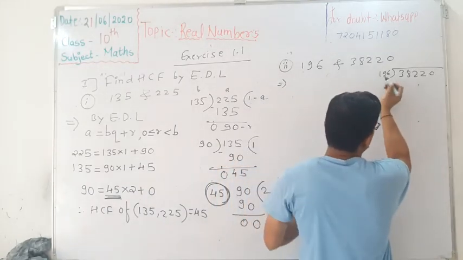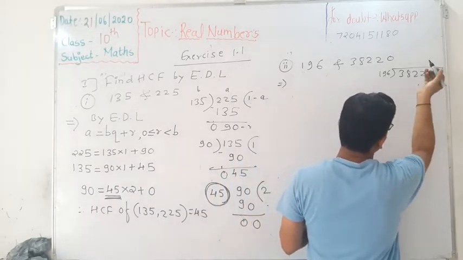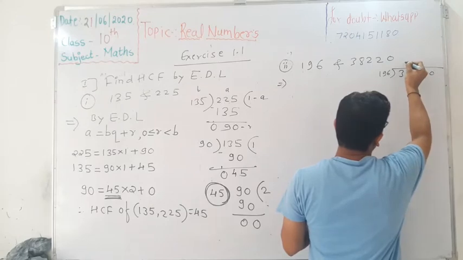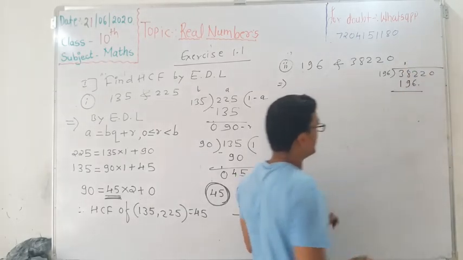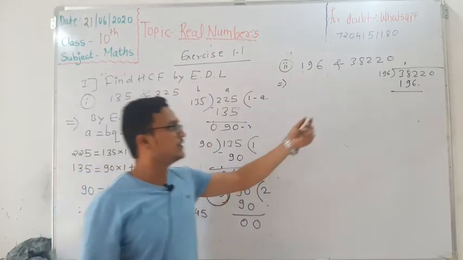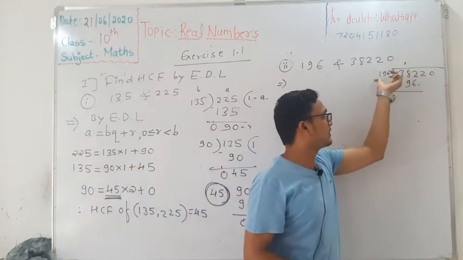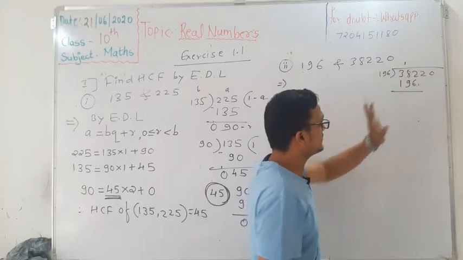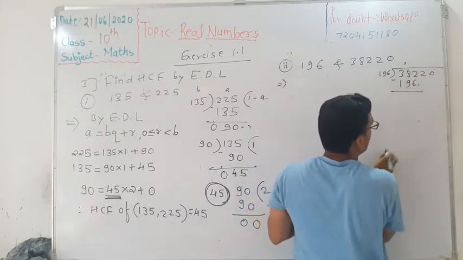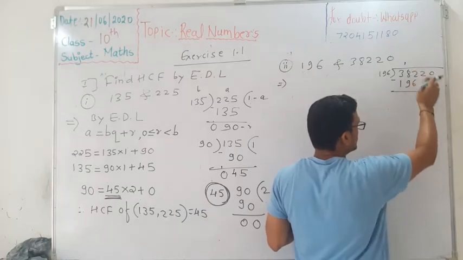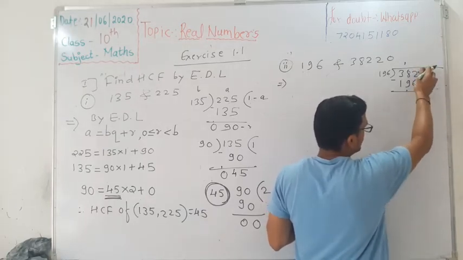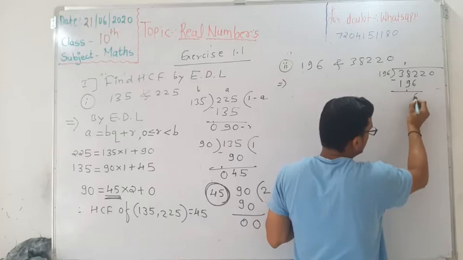So I will take 196 into 1, that will be 196. If I take 196 into 2, I think it will cross this number, so I'll take 196 into 1 is 196. We have to do the subtraction. Here 2 minus 6 is not possible, so I'll carry 1. 12 minus 6 will be 6.